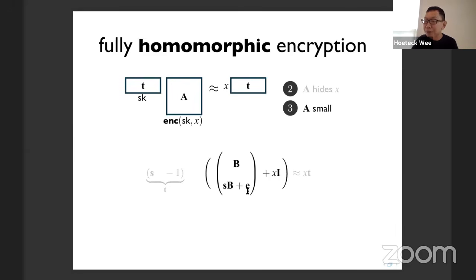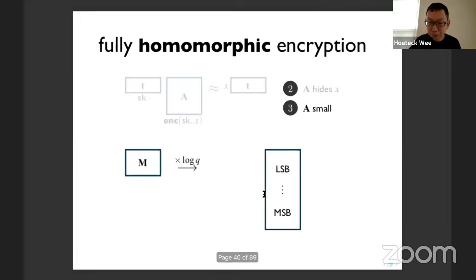There's no way SB plus E is going to look random if it's going to be small. So roughly speaking, you need this transformation to get to something that's small. In fact, if you want to prove the LWE for small B follows from uniformly random B, you're actually going to apply this transformation as well.